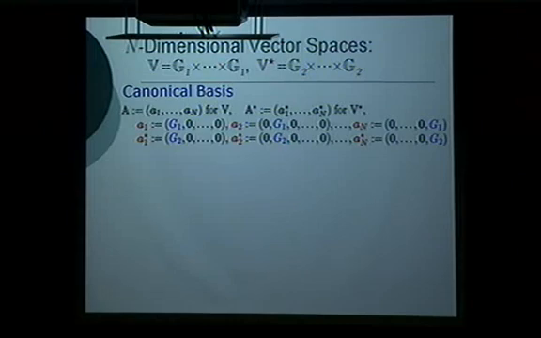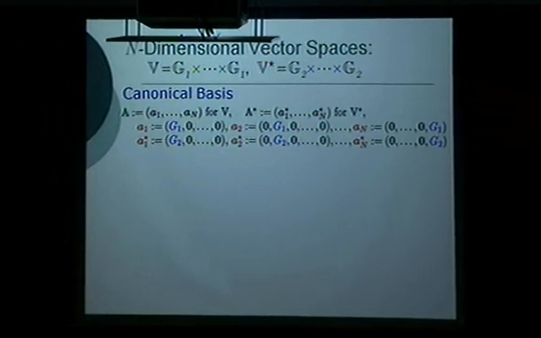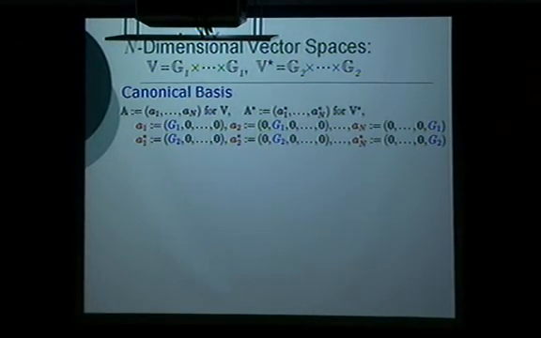So then a1 is (g1, 0, 0, ..., 0), and a2 is this form, an is this form. Then this is a typical basis for this space, and this is also a typical basis for this space, and we call this the canonical basis.